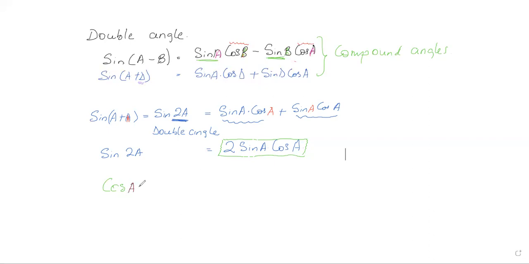The cos of A minus B will be the cos of A, the cos of B, plus the sine of A, the sine of B. That's how it's supposed to be.